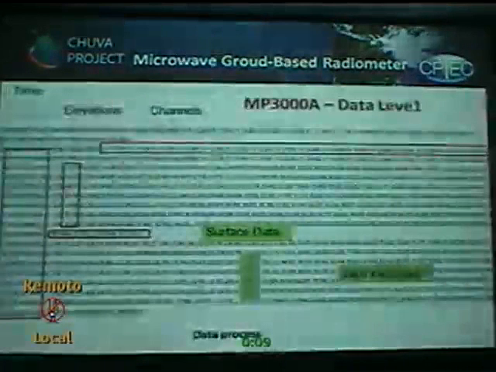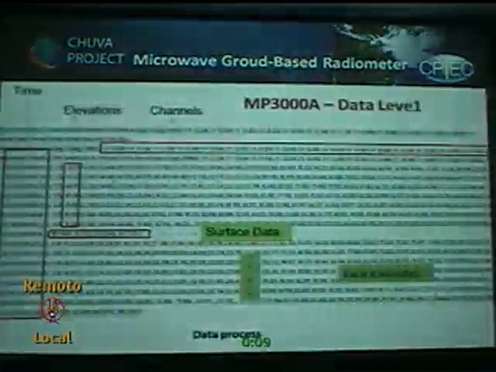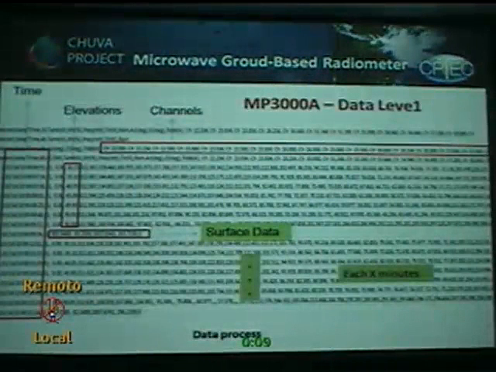This is the data extractor. When you have finished downloading, you can open Microsoft Excel. It's very easy. So you just have the time and all the channels and the measurements and surface sensors. It's very, very friendly.